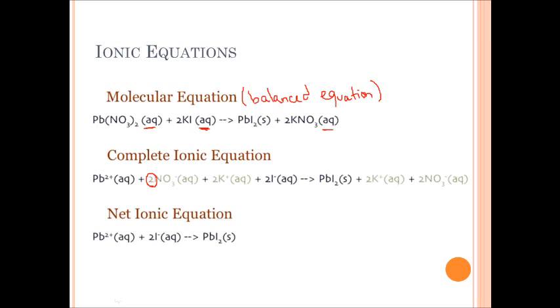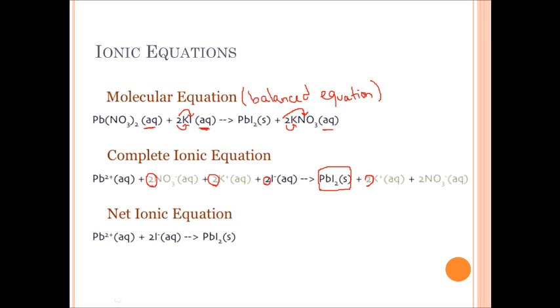We have 2 NO3 negative. Okay, we have 2 potassium ions, because that 2 is distributed to both potassium and iodine, which we see. Okay, that's our reactants. The lead 2 iodide stays together. Again, the 2 is going to be distributed between the potassium and the nitrate.